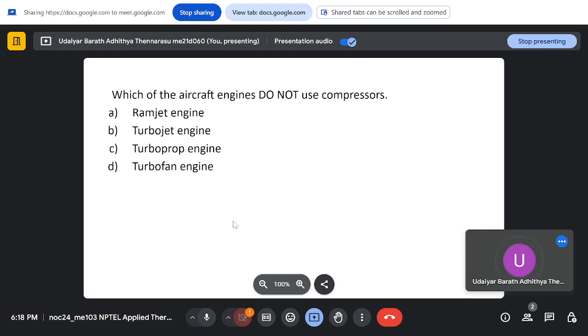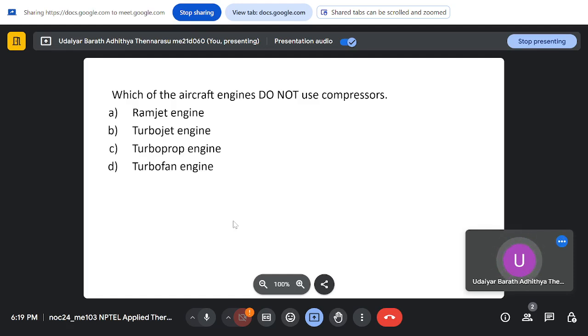So next is, which of the aircraft engines do not use compressor? A, ramjet engine, B, turbojet engine, C, turboprop engine, D, turbofan engine. So we have discussed the effect called ram effect.